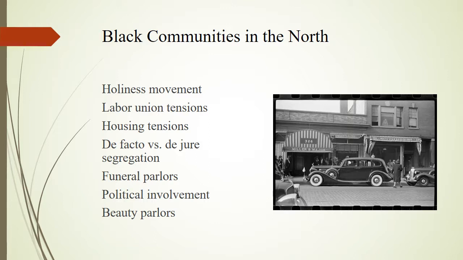And beauty parlors and barber shops were another place where African Americans met and could talk freely without white people listening in. In the North, African Americans voted and engaged in politics because Black voting was not legally obstructed.